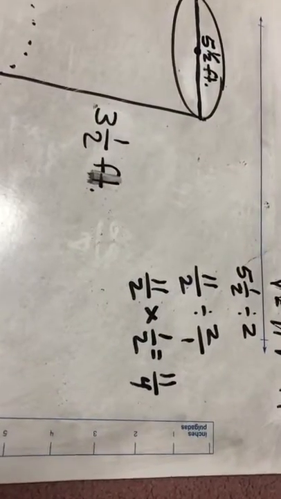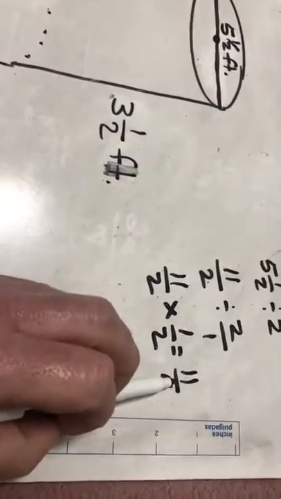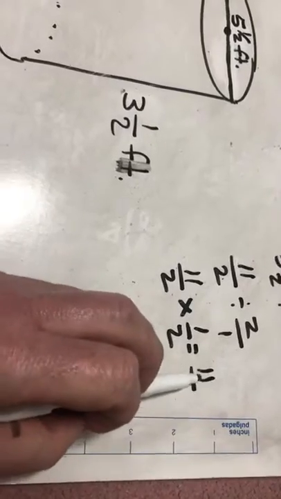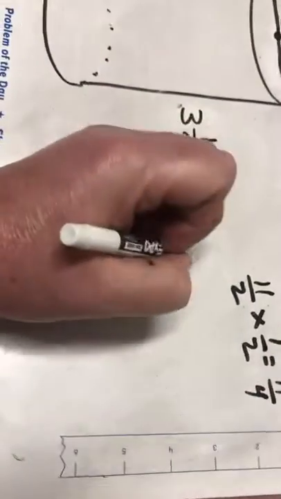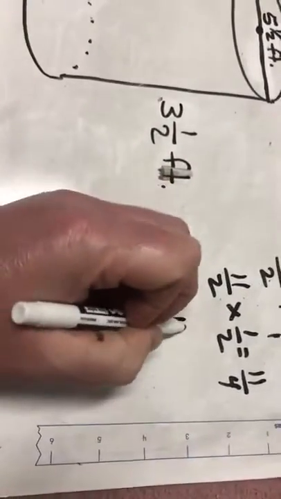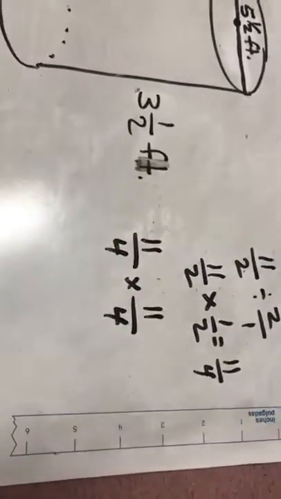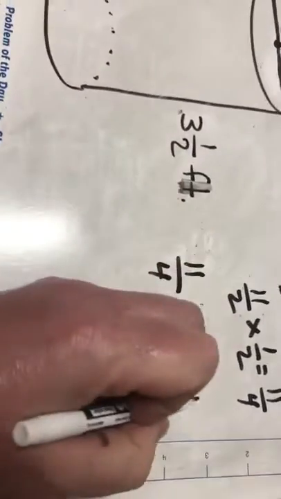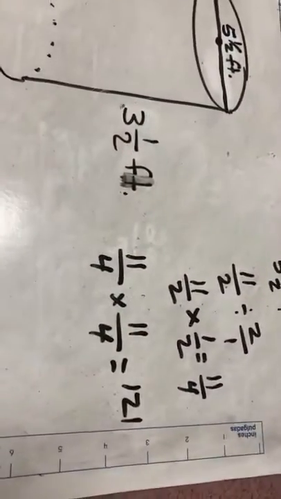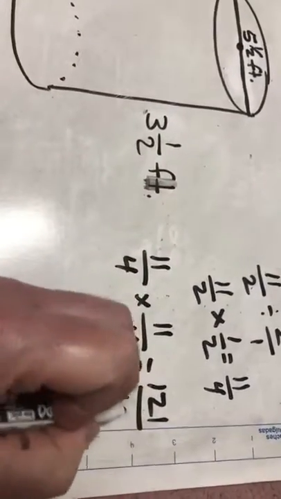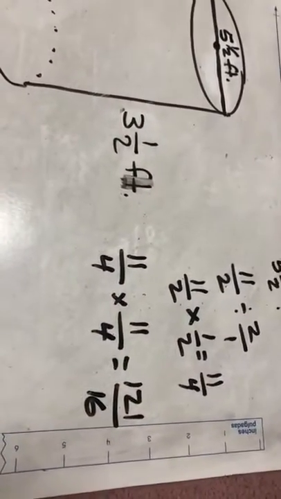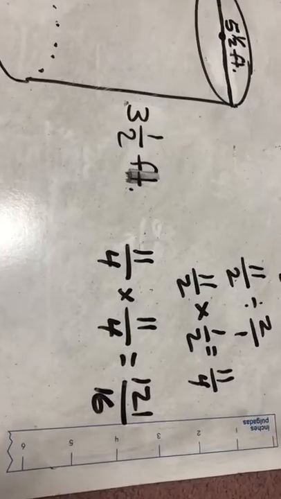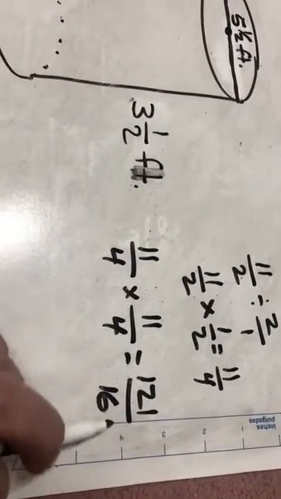Now, this is my radius, 11 over 4. But I have to square that. So I've got to take 11 over 4 times 11 over 4. When I multiply those together, 11 times 11 is 121, and 4 times 4 is 16. So that's radius squared, now 121 over 16.